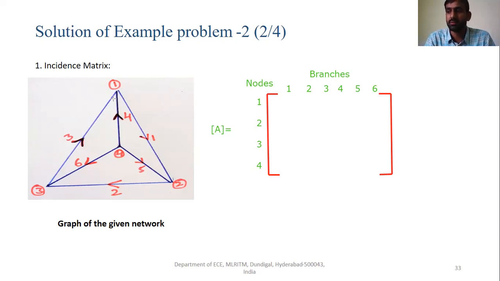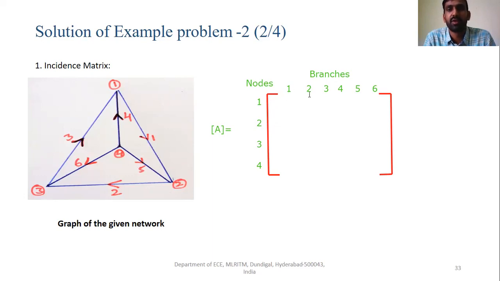Right? So now let us write the matrix elements of the incidence matrix. When you are obtaining the elements of the matrix, we have to consider each and every branch with respect to each and every node.